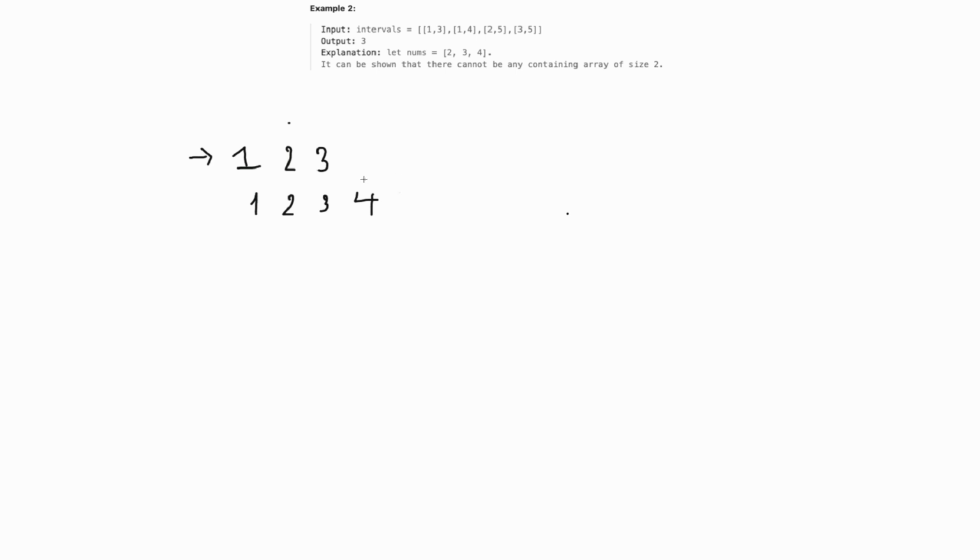which number should we choose? And the answer is that we should choose the number which is at the end of the interval. Why?